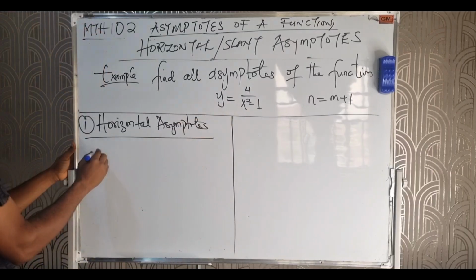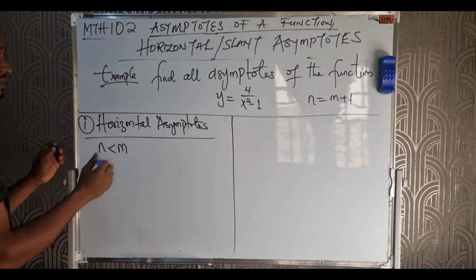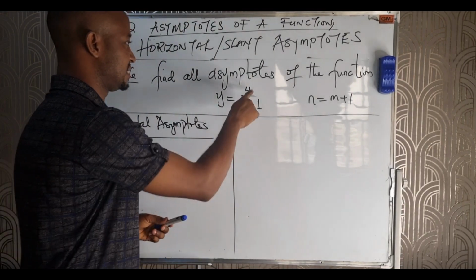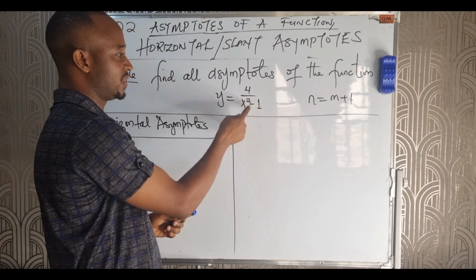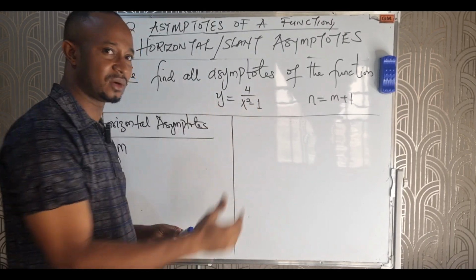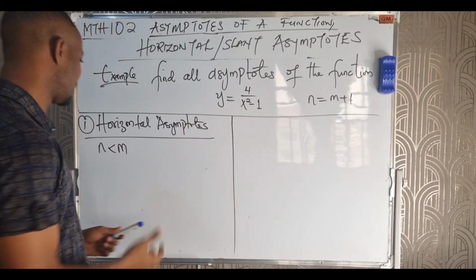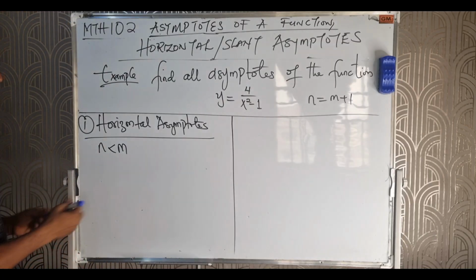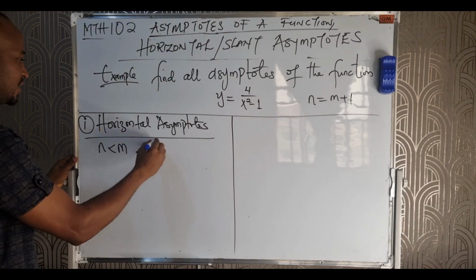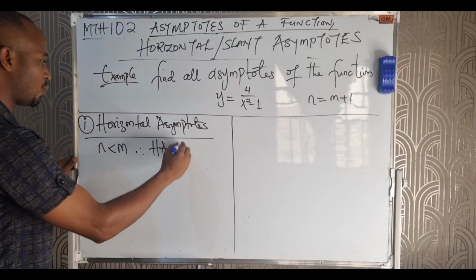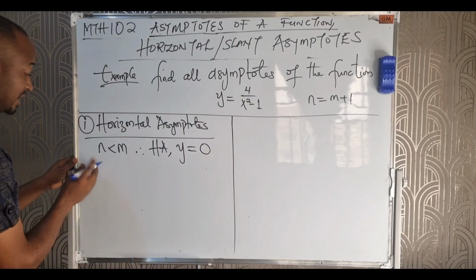Already we have seen that n is less than m. The degree of the numerator is 0, and that of the denominator is 2. So 0 is less than 2. Therefore, our HA occurs at y equals 0. That is for this.